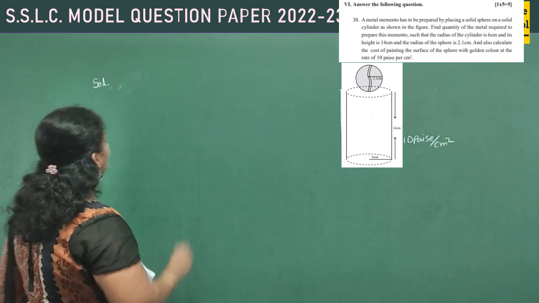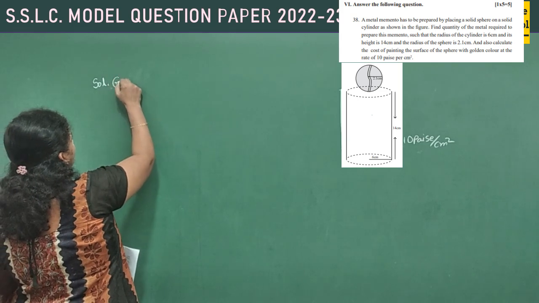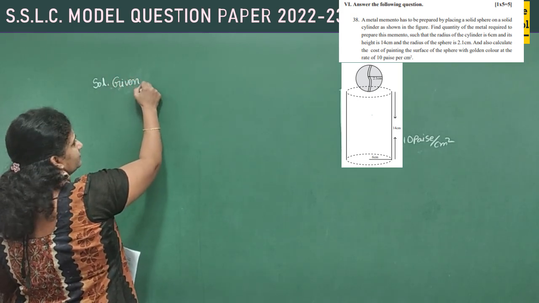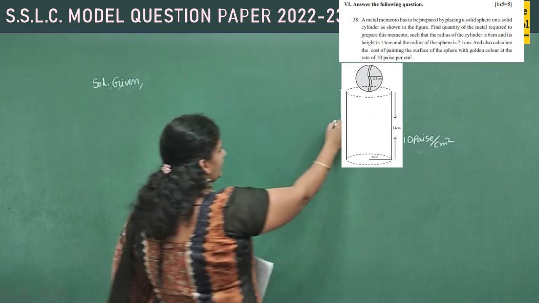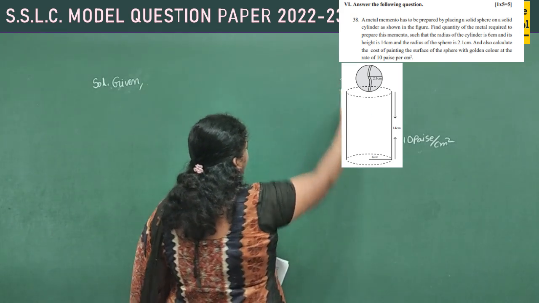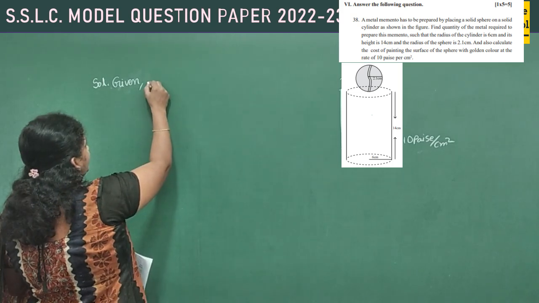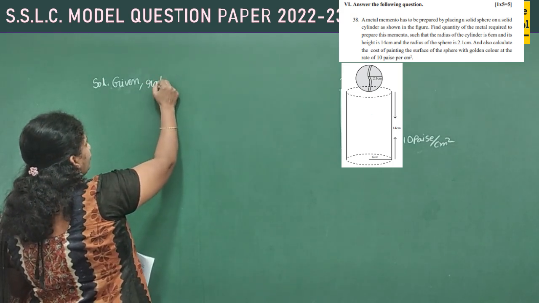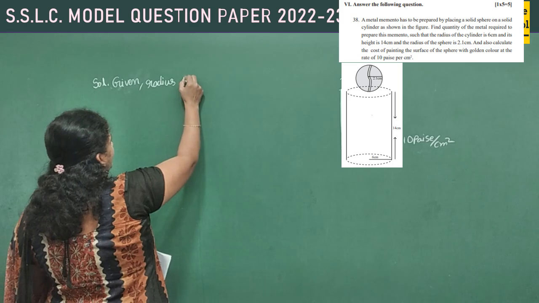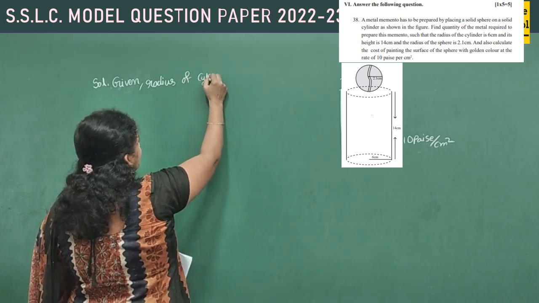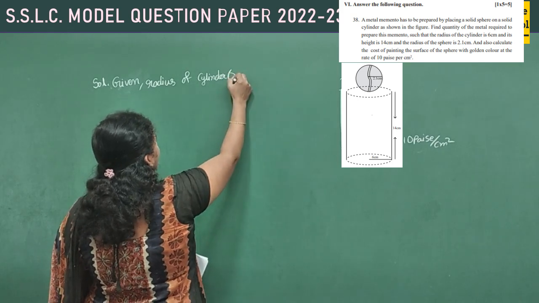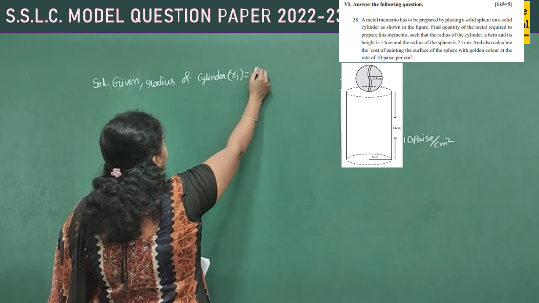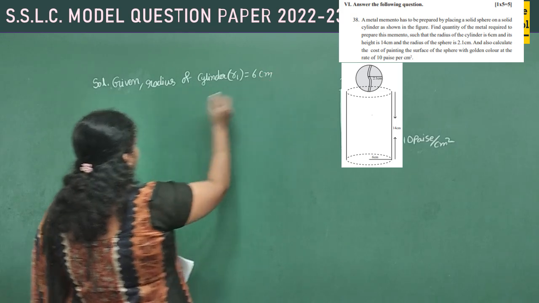Let's start the solution by writing the given data. Given: radius of cylinder, let me mark it 1, sphere, let me mark it 2. Why 1, 2 I have marked here? Let me mark R1 is equal to 6 centimeter.